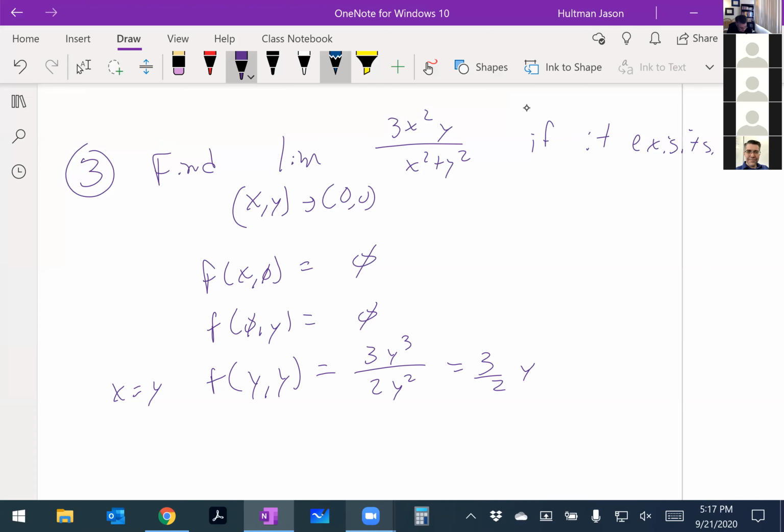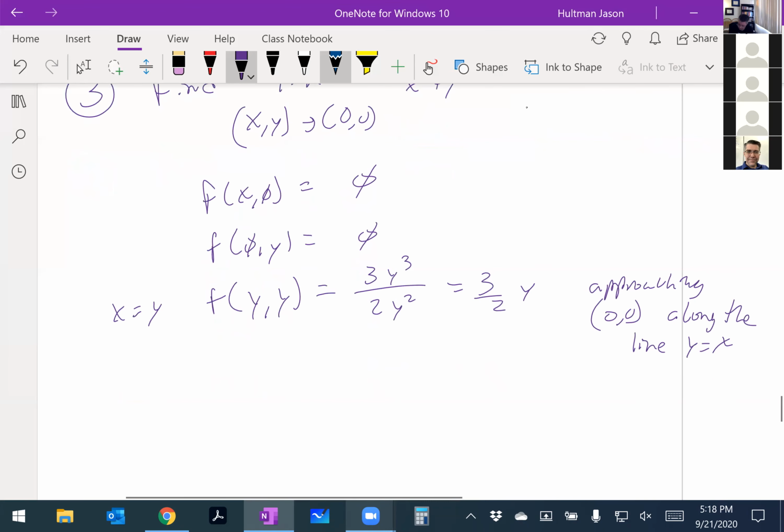So as y goes to 0, if we take this along, we're approaching 0, 0 along the line y equals x. And so we're going to say that this is equal to 0, since y is approaching 0.